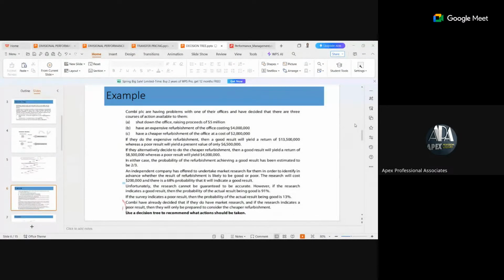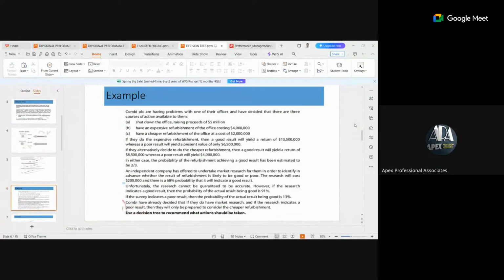We've analyzed expensive. Now, when it is cheap, it will also result into 2 outcomes, either good or bad. When it is good, the actual results probability will be 0.91. Bad will be 0.09.